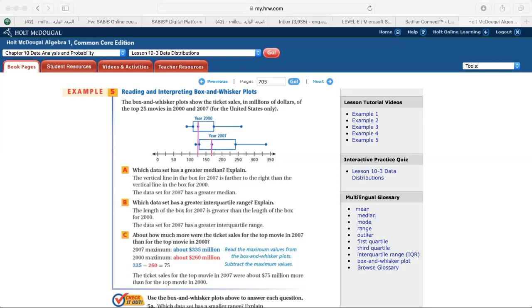B, which data set has a greater interquartile range? Interquartile, IQR. What is IQR? If you go back to page 704, you will read its definition. The interquartile range, IQR, of a data set is the difference between the third and the first quartile.